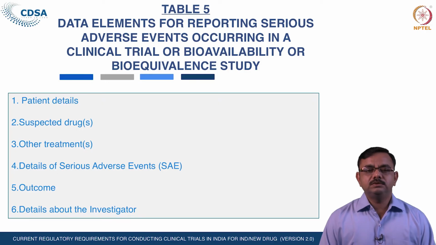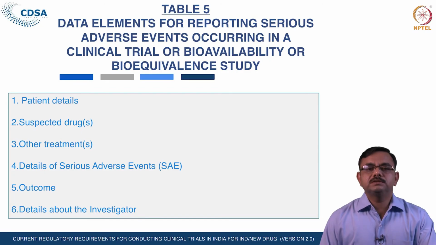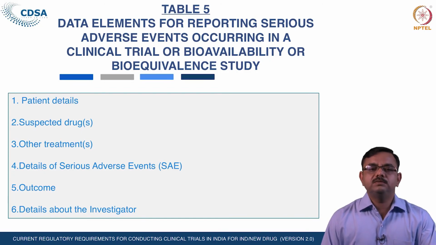In addition to the description of the reported signs and symptoms, whenever possible, describe a specific diagnosis for the event, the start date or onset of the event and the stop date, and the de-challenge and re-challenge information. So that should be there. Then, while conducting the trial, who the investigator was and the details of the investigator are also required to be given.